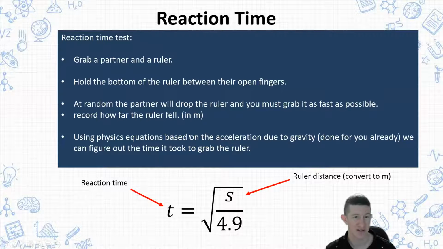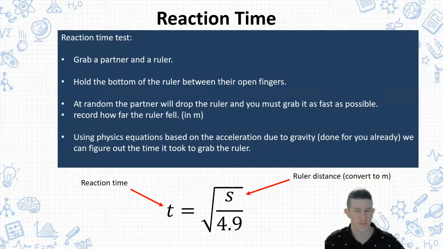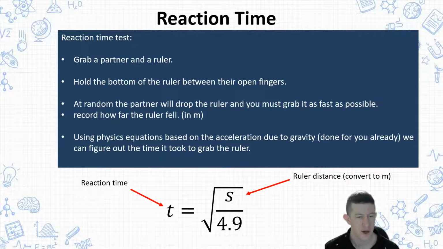If you want to do it a couple of times to get an average, you can, but your reaction time is the distance on the ruler converted to meters divided by 4.9, and then take the square root of that number, and that is your time in seconds for your reaction time. So you can just use a calculator for this, it's nice and easy, but have a go at that with a partner, record your reaction times, and we'll use that information as we go on.